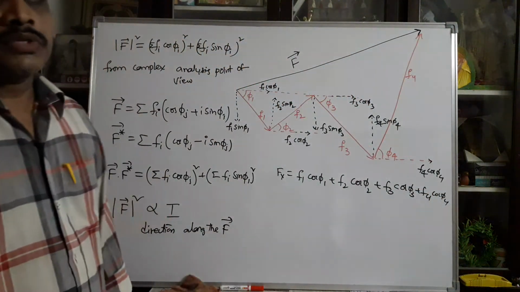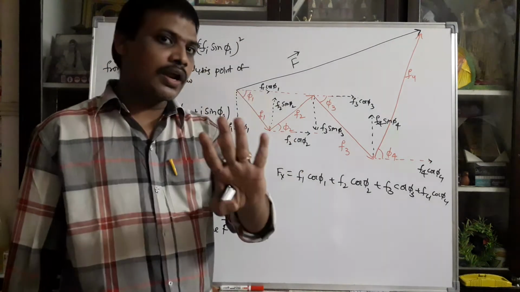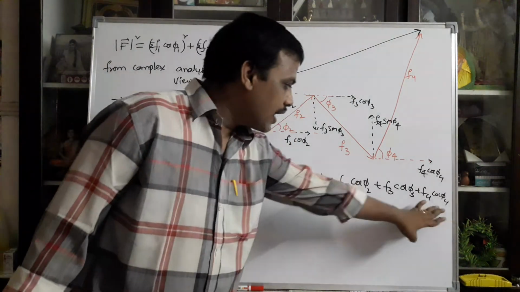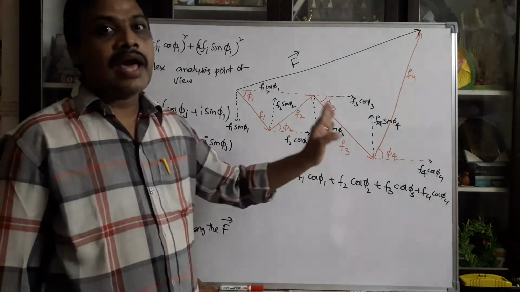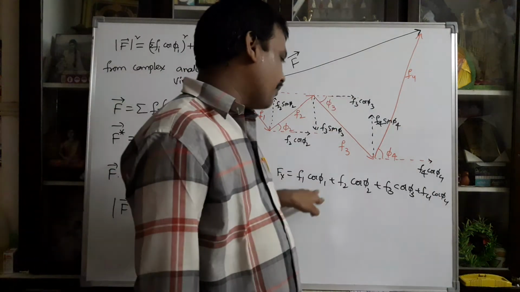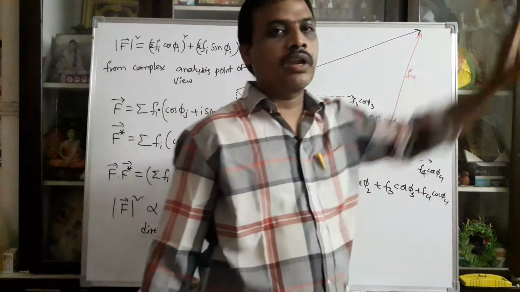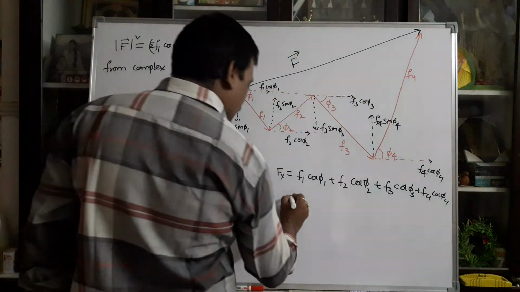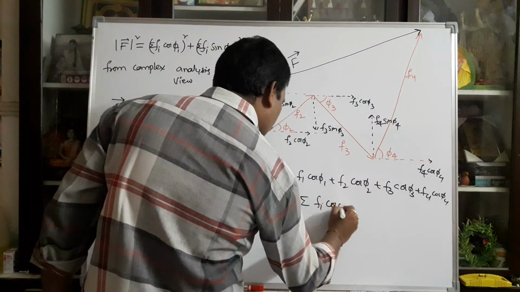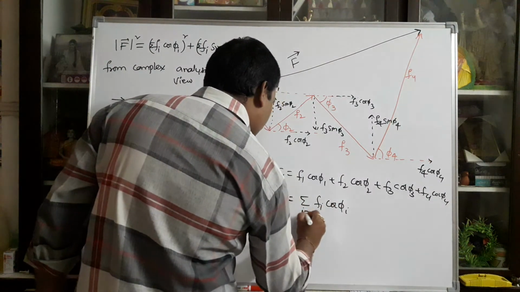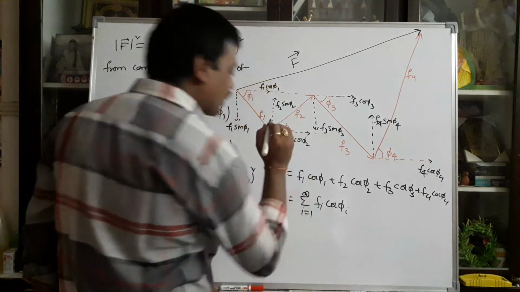Here we assume only 4 atoms. Suppose the crystal has an infinite array of atoms: F1, F2, F3, F4, so on up to Fn. In this way Fx can be represented as sigma Fi cos phi i, with i from 1 to infinity.